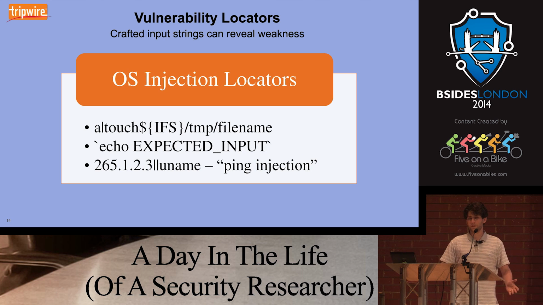So some of the locators that I like to use for doing this, the first one up here is using the pipe command, which of course in Linux is going to take the output of one command, the standard out, and pipe it into standard in of another. So it will trigger command execution if it's not filtered out. You've got another option of using backticks with an echo and then actually providing into that echo valid input.